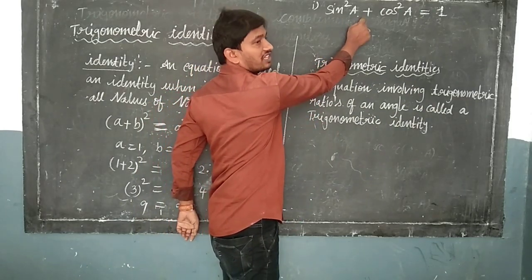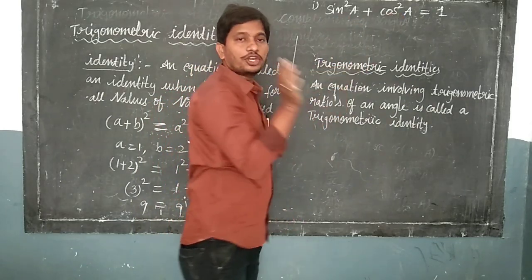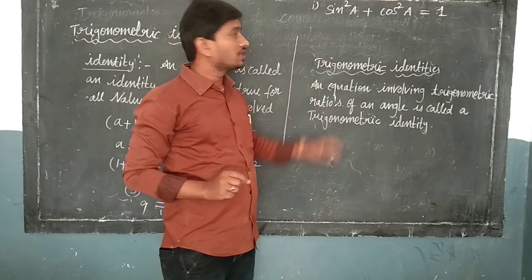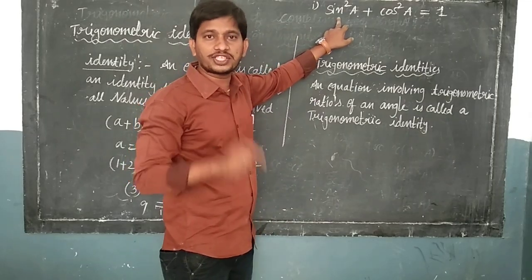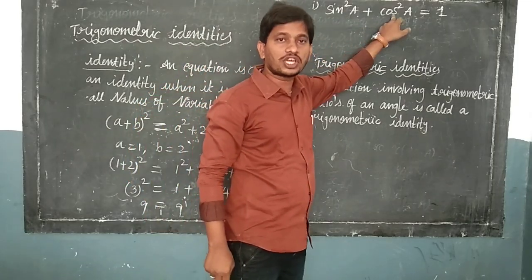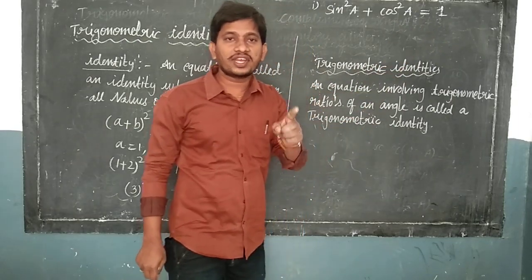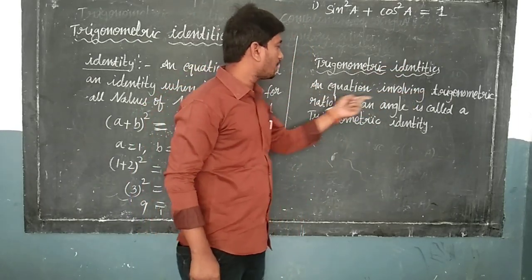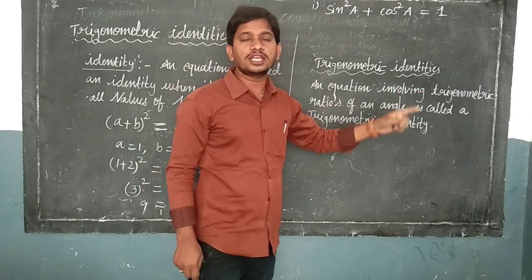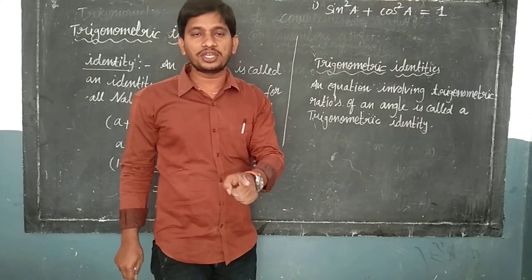In this equation, trigonometric ratios are involved: sin, which is a trigonometric ratio, and cos, which is also a trigonometric ratio.